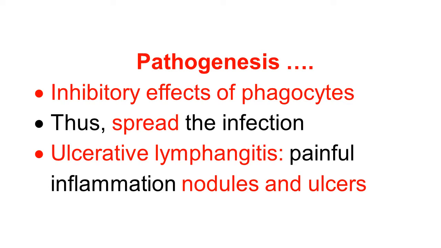So both of these help the spread of the infection, and it produces a characteristic ulcerative lymphangitis: a painful lesion, inflammatory nodules, ulcers and lymphangitis. This is the characteristic of ulcerative lymphangitis disease.